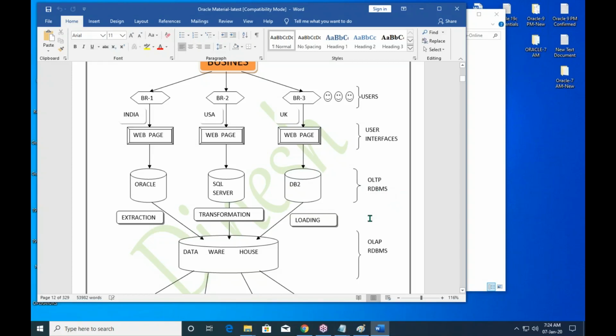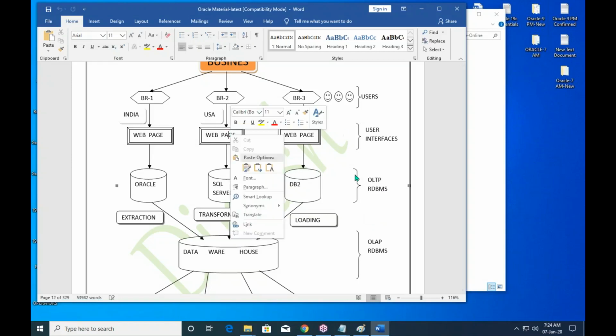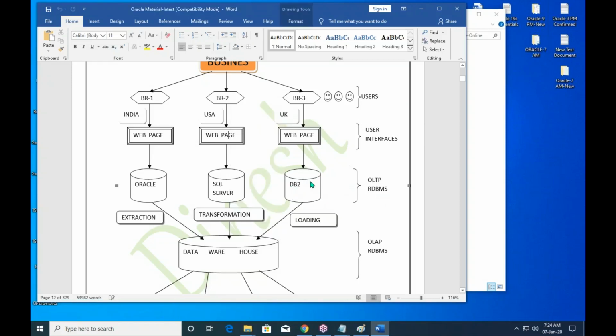So every day you are doing transactions. Listen carefully, guys, if you maintain all transactions in one place, what is happening? Everyday data is adding. After some time, your data is very big. After 1 year, there is a huge amount of data.